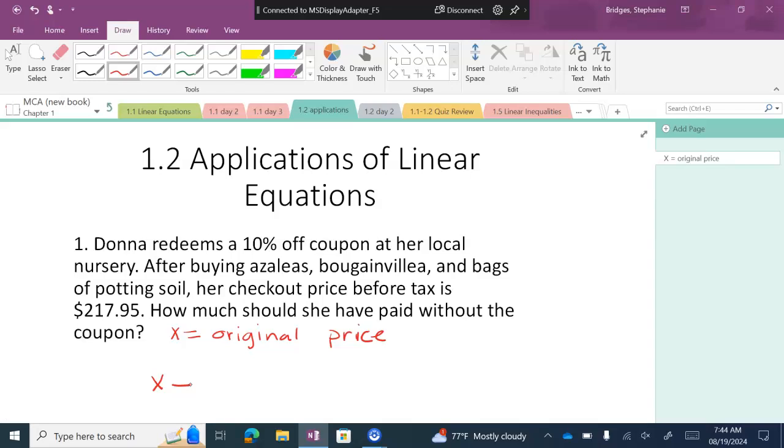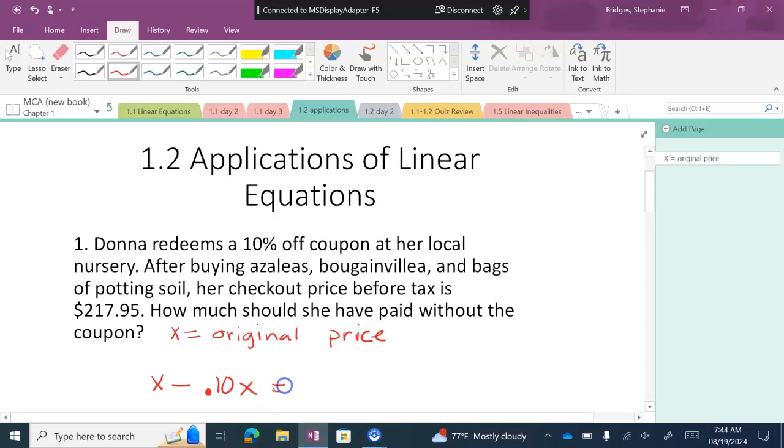We multiply, okay? What is 10% as a decimal? 0.10 or 0.1, either one, right? I'm going to put 0.10 just because that looks better when I'm talking about 10%. And then if I'm trying to find 10% of the original price, I take and I multiply that by the original price.